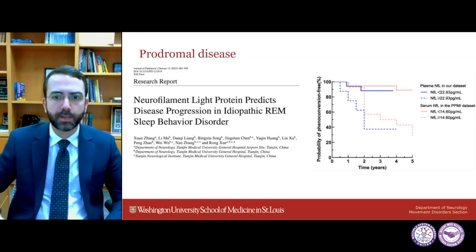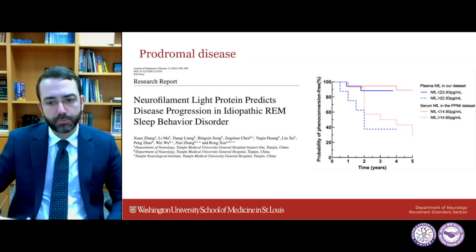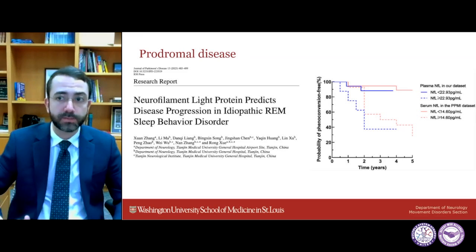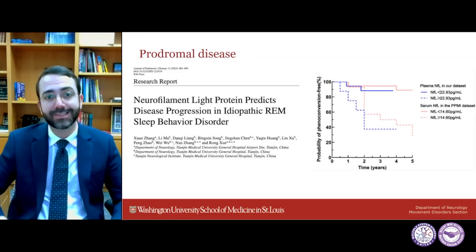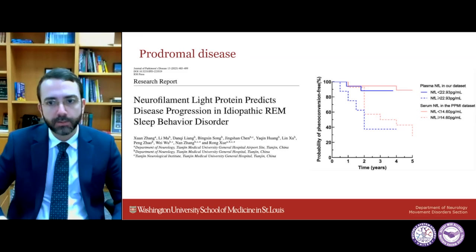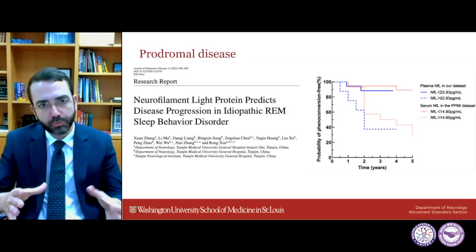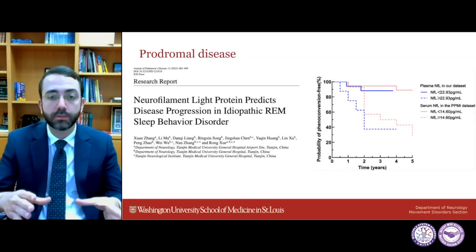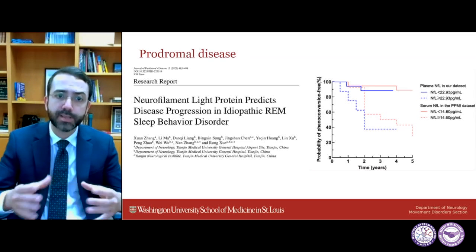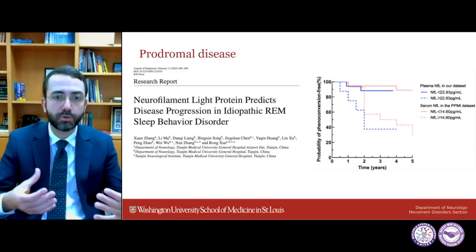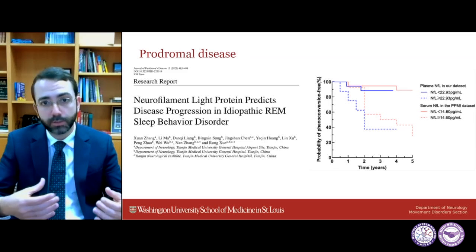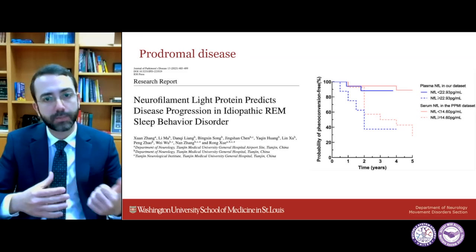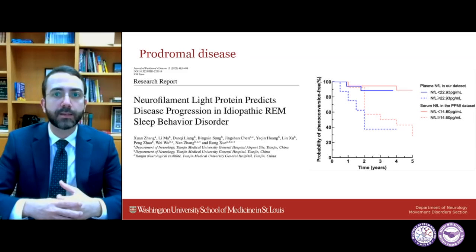And we know that one of the strongest risk factors for developing MSA, or one of the strongest symptoms before the motor onset of MSA, is REM sleep behavior disorder. So if we follow up patients with dreaming nighttime behavior and REM sleep behavior disorder over time, a subset of those patients will develop a form of alpha-synucleinopathy, including Parkinson's disease, MSA, and dementia with Lewy bodies.